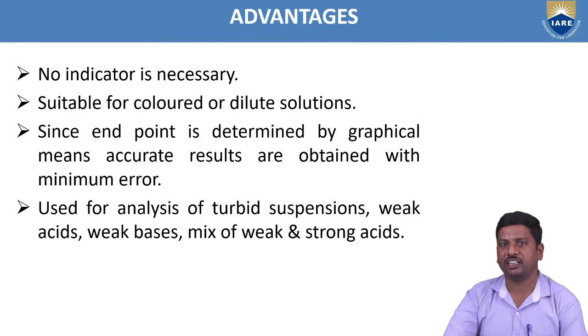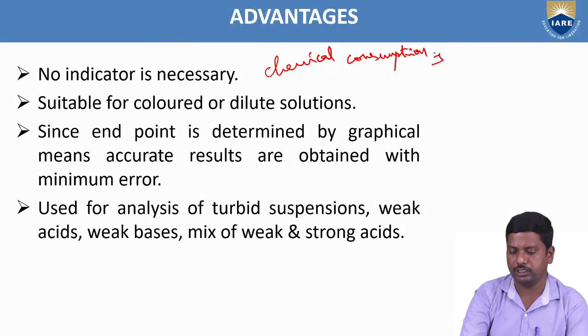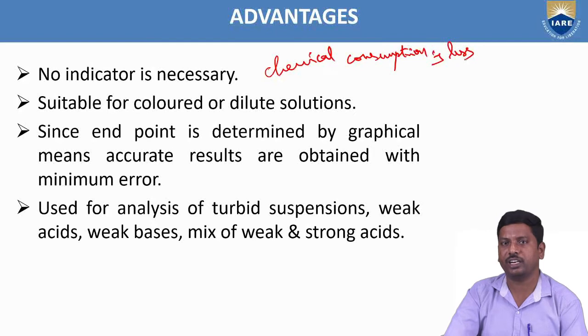That means no indicator is necessary, so chemical consumption is less in instrumental titration compared to the classical methods of analysis, and it is suitable for colored or dilute solutions.